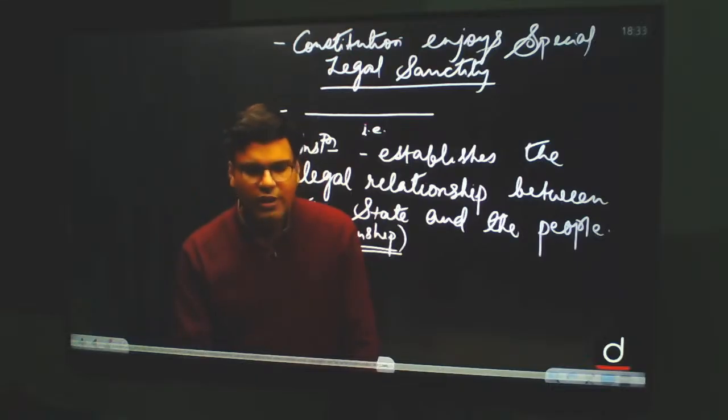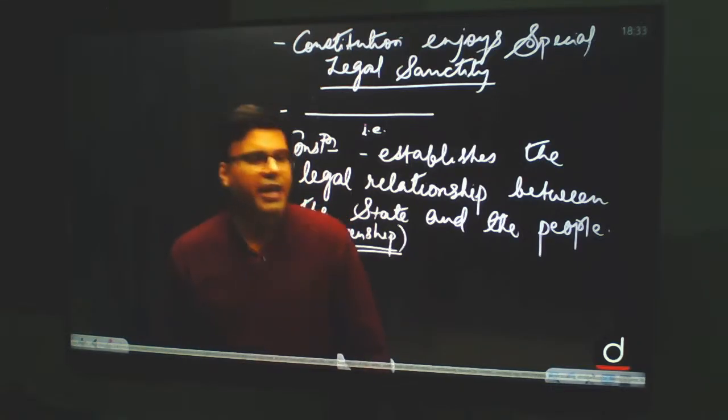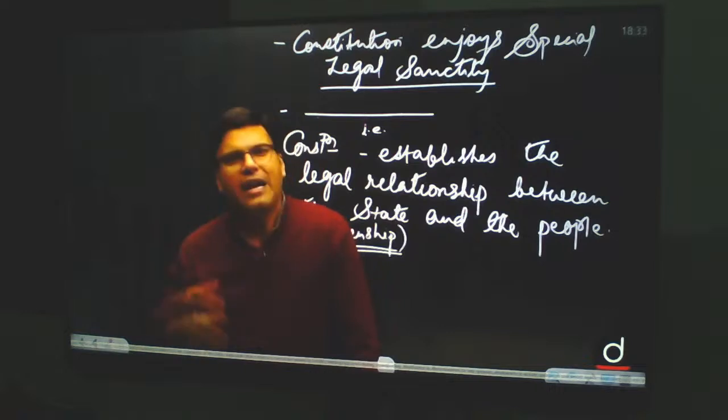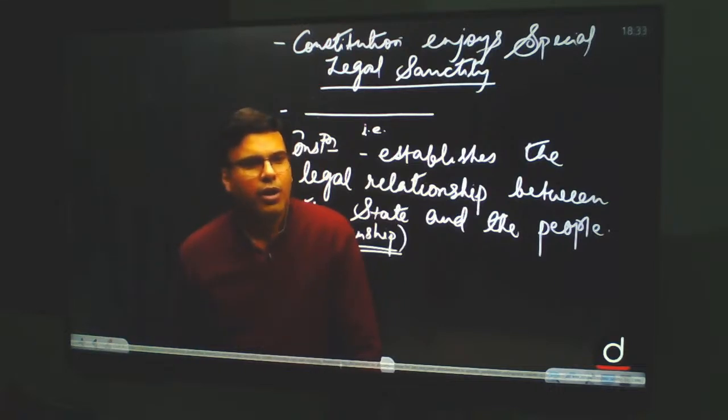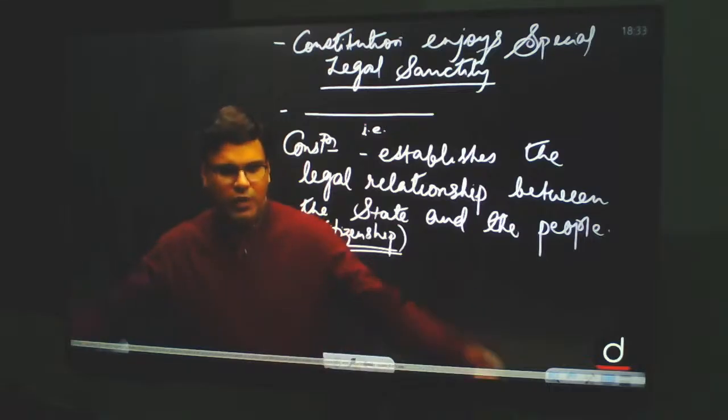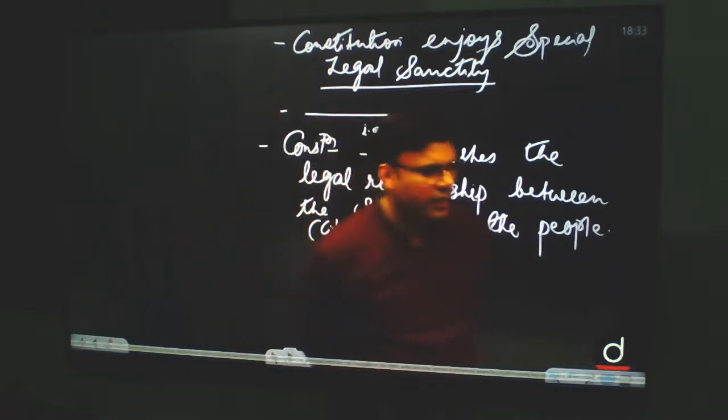So can we not therefore say that if India has to exist as a state, as a democracy, or as a political system, all of this that I have just spoken requires that there has to be a constitution which will ensure that India will continue to exist as a political unit, as a political system.